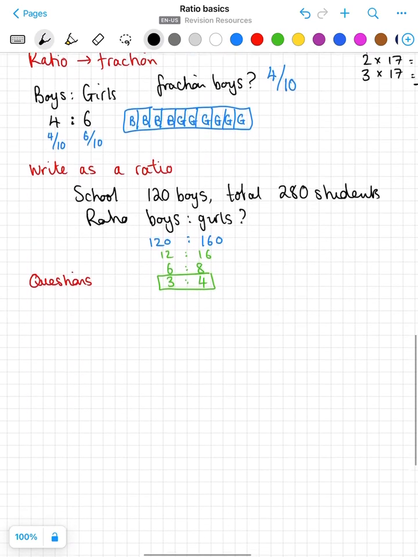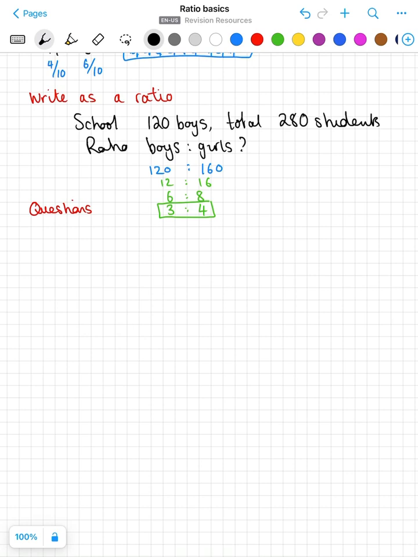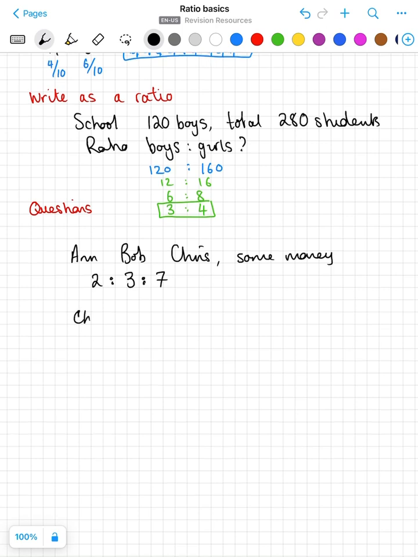Some other common questions involving ratio that you've got to read very carefully. Let's say Anne, Bob and Chris share some money in the ratio 2 to 3 to 7. Chris gets £45 more than Anne.